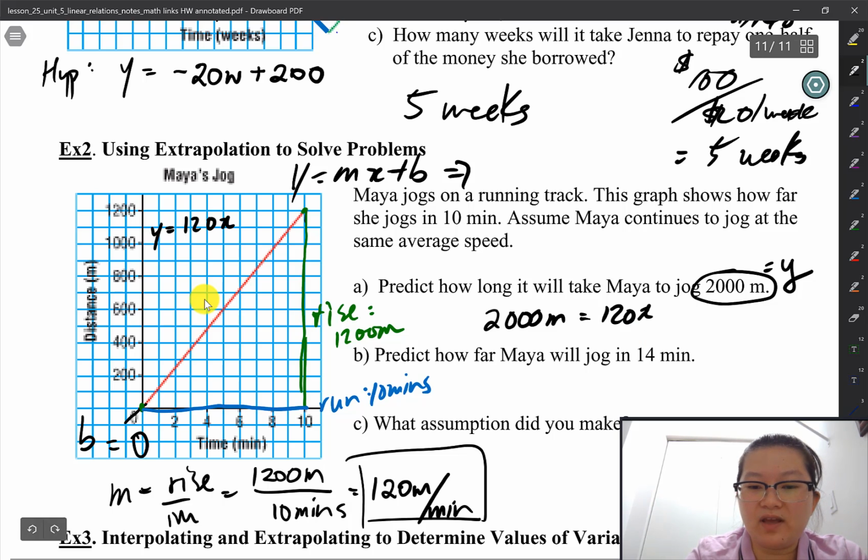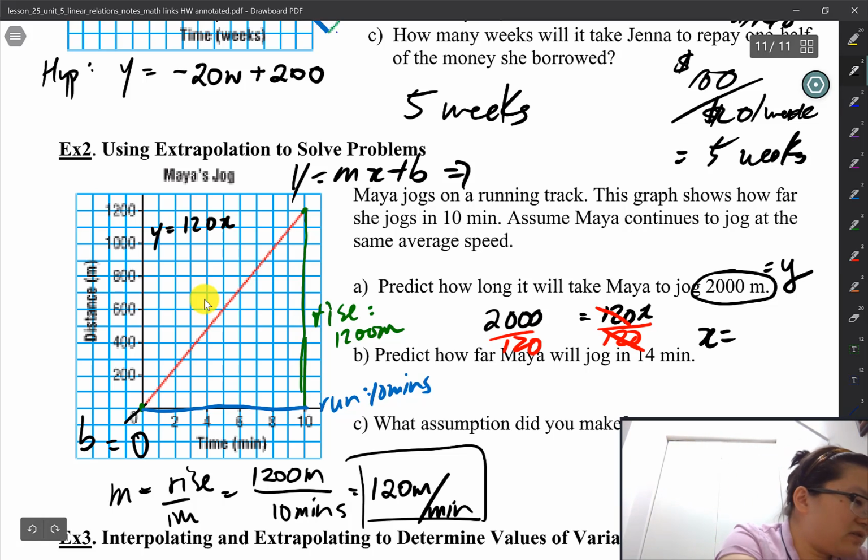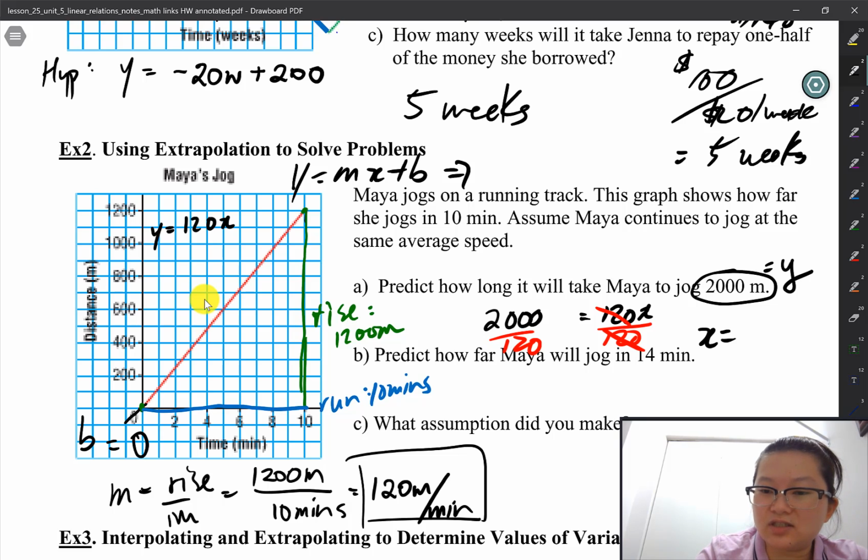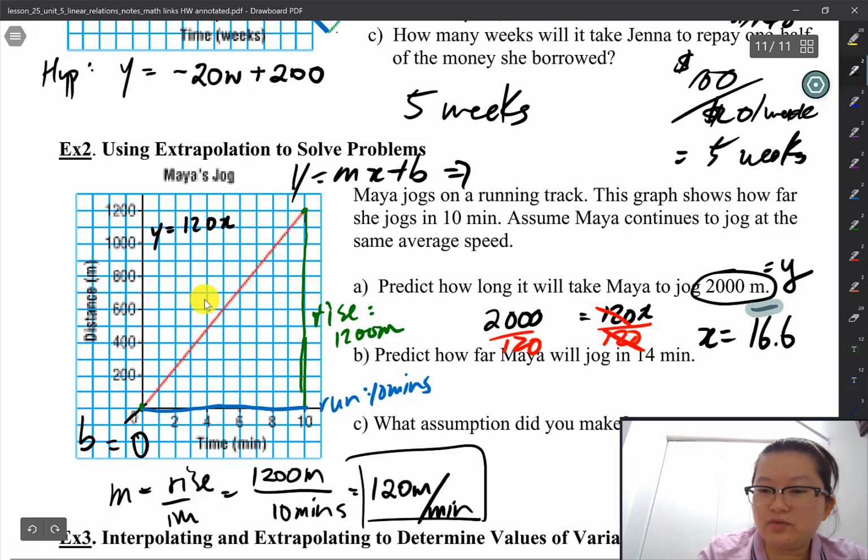And then maybe I'll get rid of the m so it doesn't confuse you. m is just the units, okay? So then we want to figure out the x, so we divide both sides by 120. We get a number that is 16.666, just like in the previous video. Whoopsies. And 6 is repeated. Our answer is x, which is minutes.